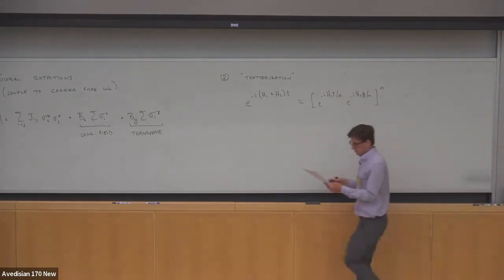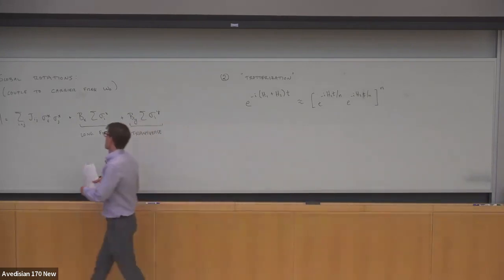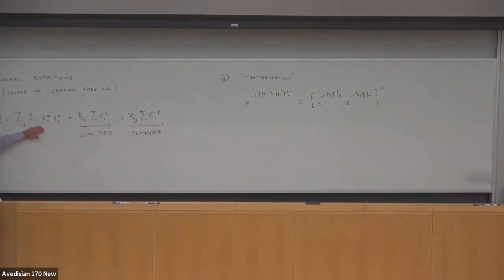Okay, and this is particularly useful because this whole time I've been talking about these Jij interactions as being in the XX direction. But one way to think about it is with global rotations, if all I have is XX, but I also have global rotations, I could take my quantum state, apply XX to it, or I could take my quantum state, rotate it, apply XX, and rotate back.